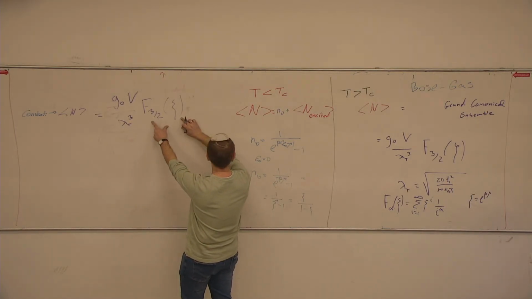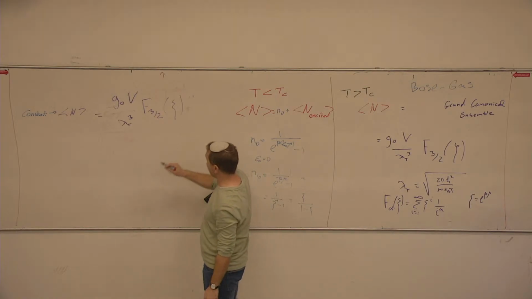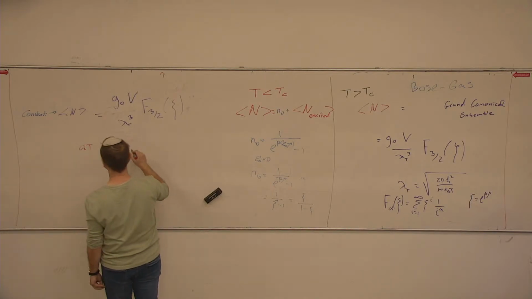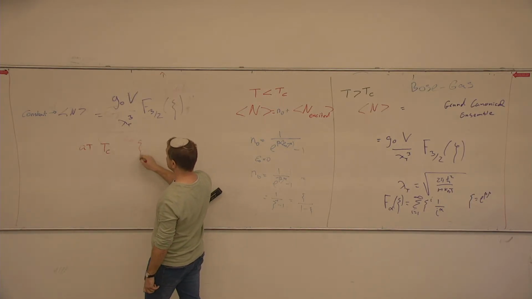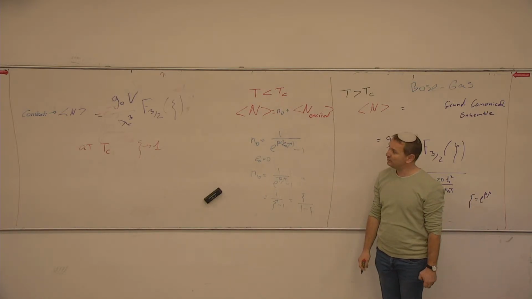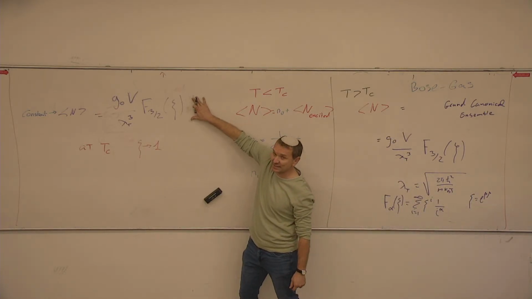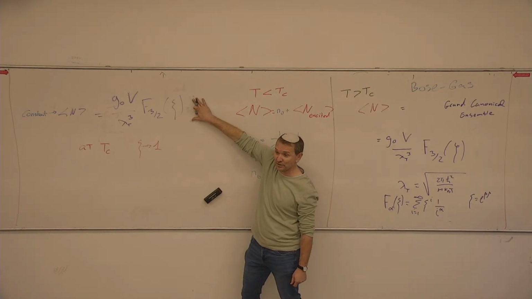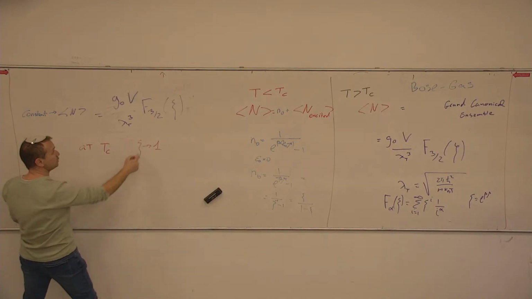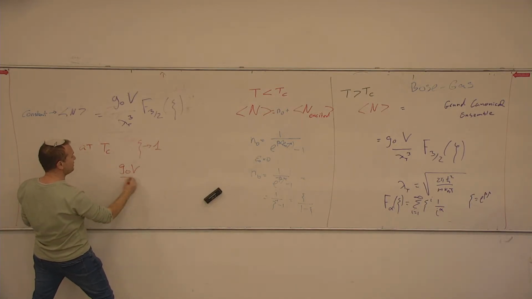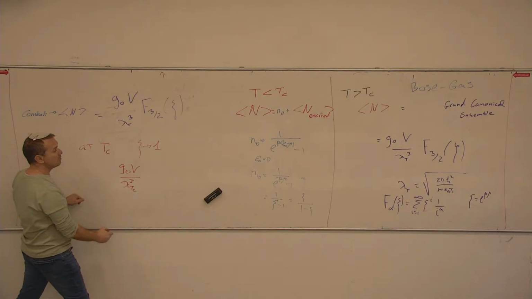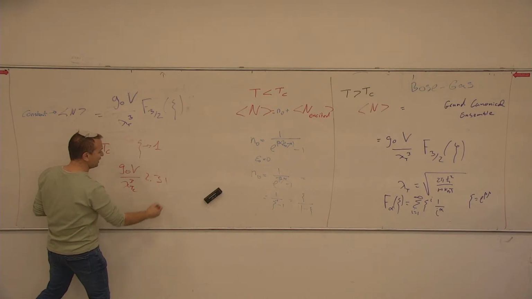At TC, C goes to 1. Why do we want C to go to 1? Because we want to bound the right-hand side by this number, 2.312, etc. So at TC, this goes to 1. So we have G0 V lambda TC to the power 3 multiplied by 2.31 whatever.